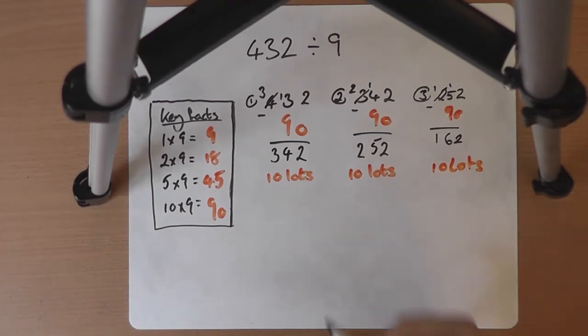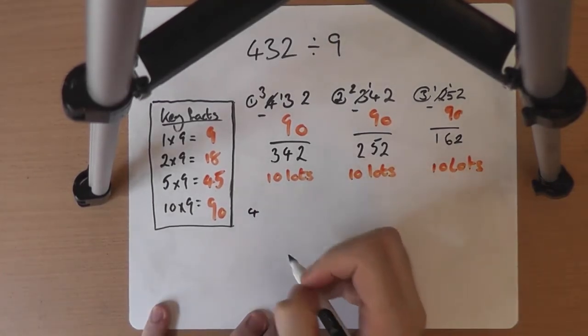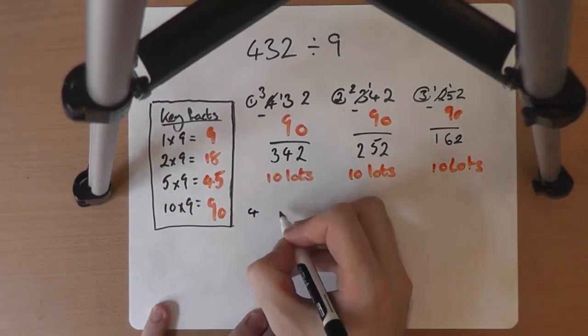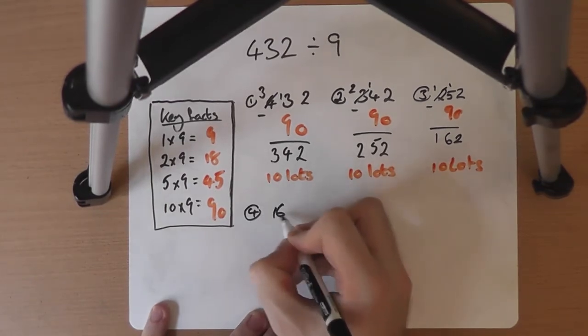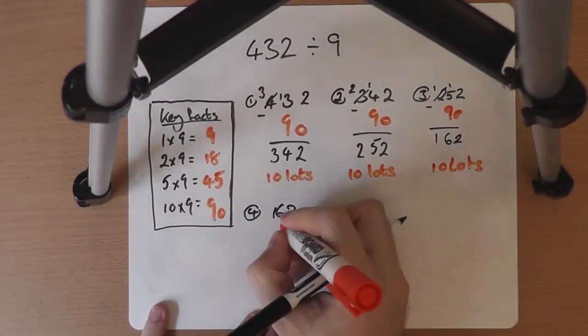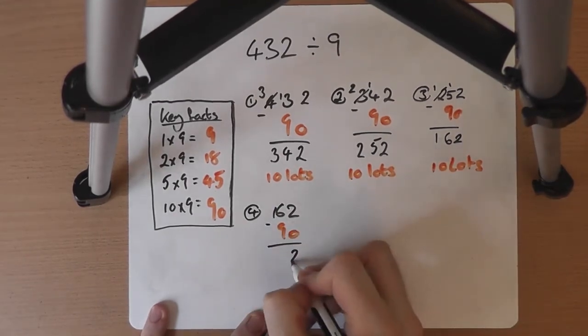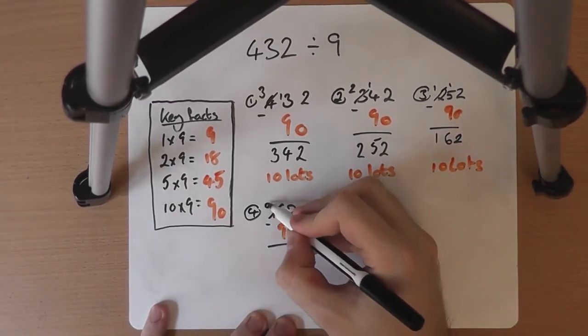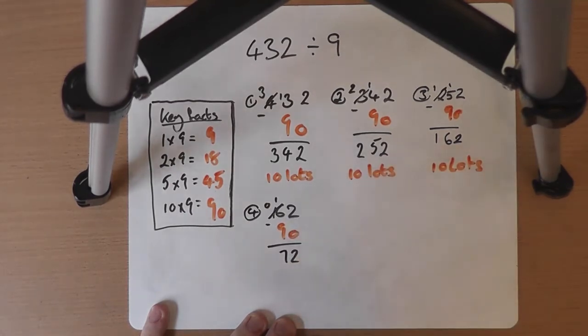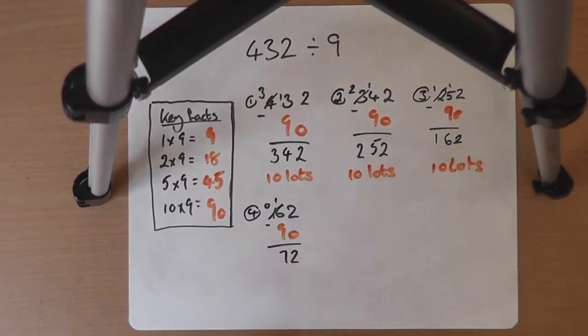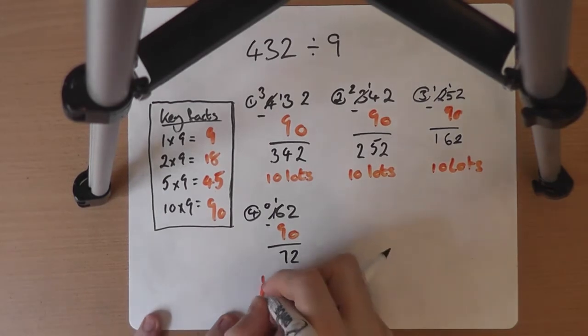It's a little bit longer, this one, but the subtracts are not taking that much time, really. We could do 162. We could take another 90 away. Again. And we're down at 72. That's another 10 lots gone.